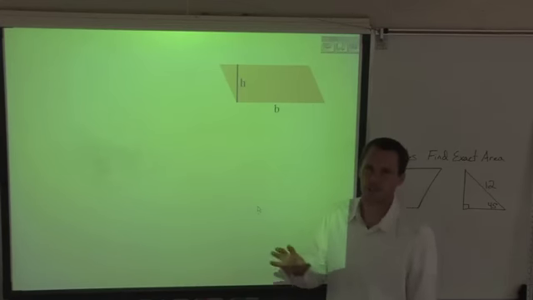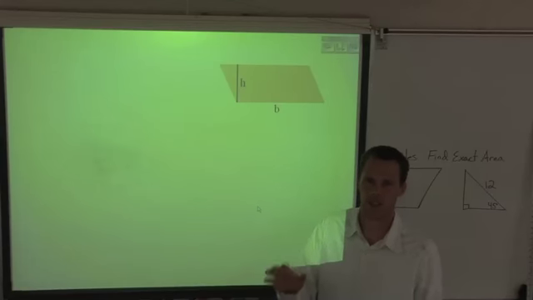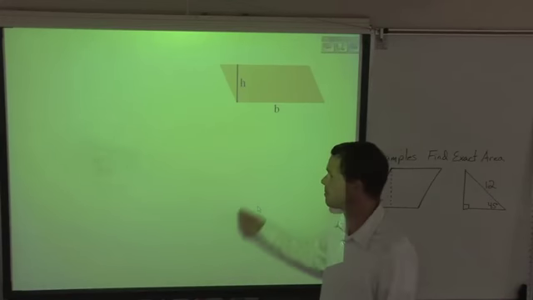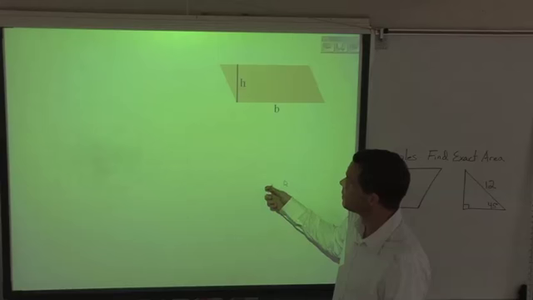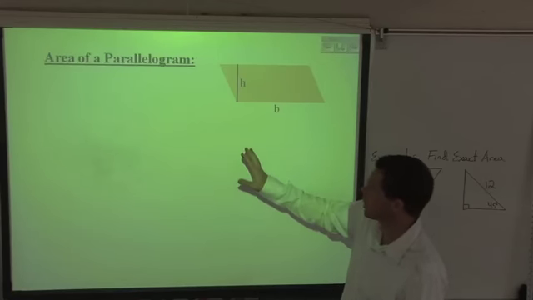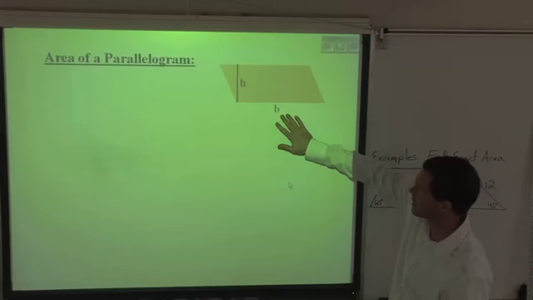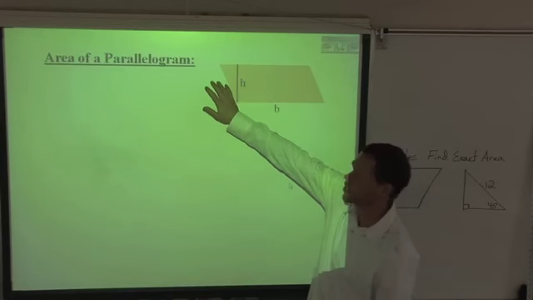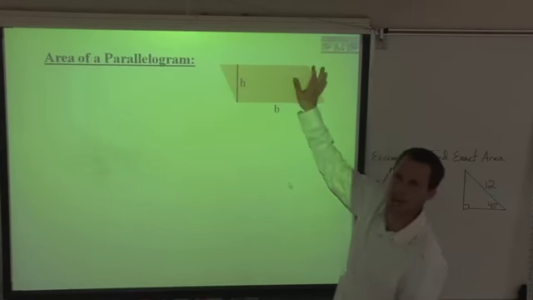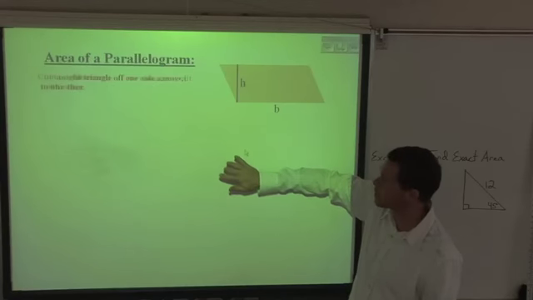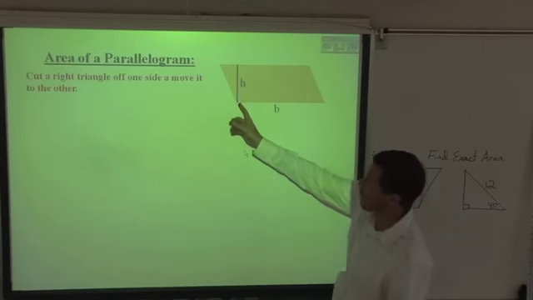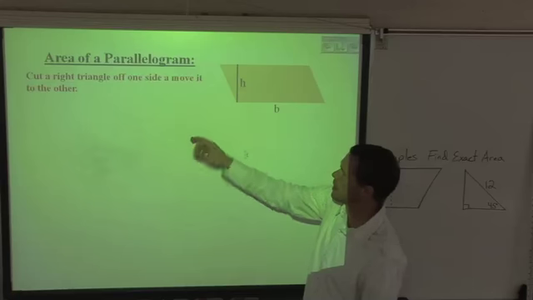Now, the first shape for this lesson is the parallelogram. We're going to look at the area of the parallelogram by studying this parallelogram here. It has a base and it has a height. Now it has a third side, but we're not going to worry about that side. Rather, we're going to cut off this right triangle and move it to the other side.